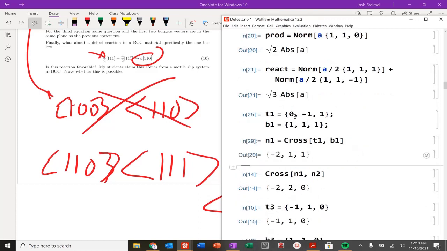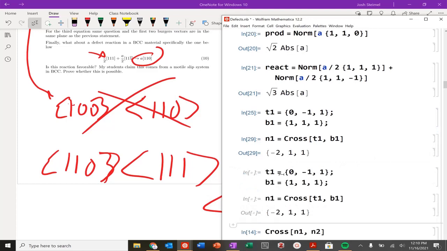But let's cross this, and let's do our T2 and B2 the exact same way. Not a nice value necessarily. So my B2 is 1, 1, minus 1, and then my T2 can be 0, 1, 1.